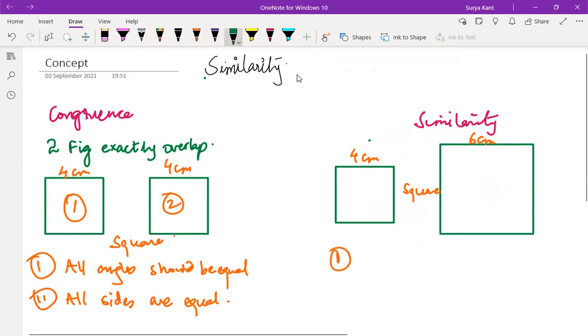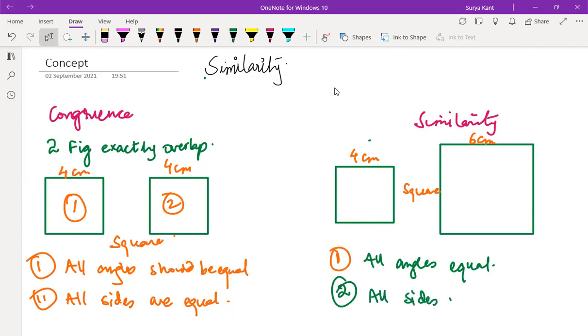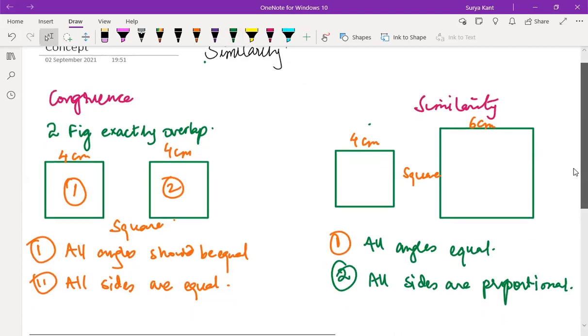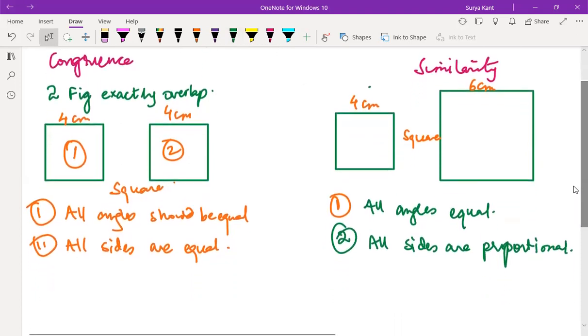First point is all angles equal. And the second part is all sides are proportional. Praharshan, can you hear me? You might know this before, the difference between similarity and congruence, correct? If you talk about sides being proportional, what do you mean? They are in the same ratio.